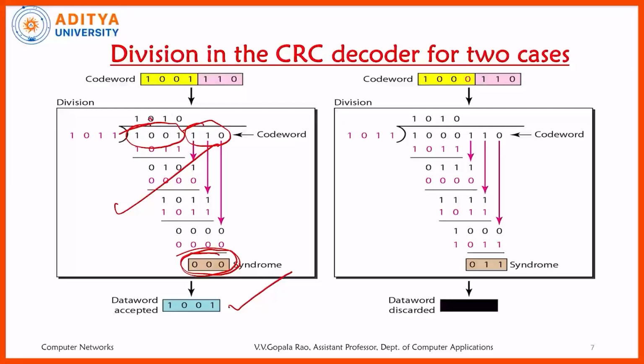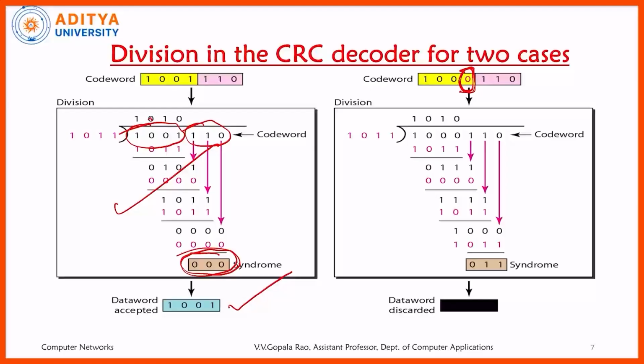It is not so in all the cases. There may be some chance of 1 bit being altered or 2 bits being altered. In that case, let us say that this position is actually altered. The code word that is sent is 1001 110, but in the transmission 1 bit is altered, 1 is altered as 0.